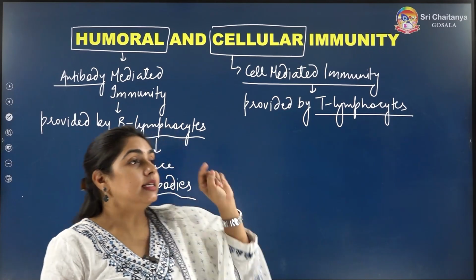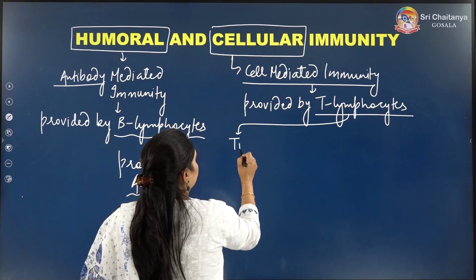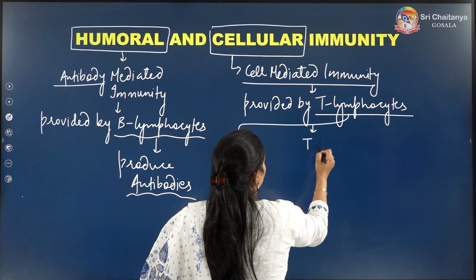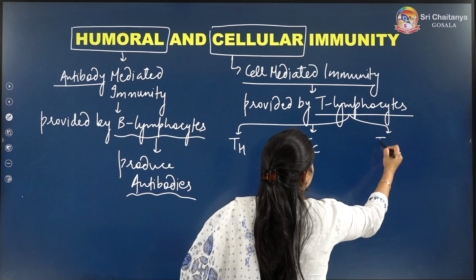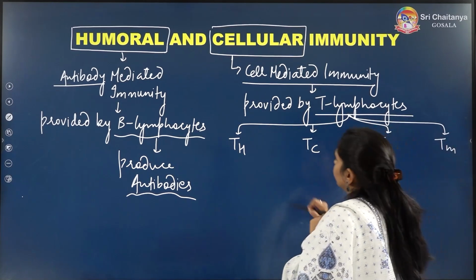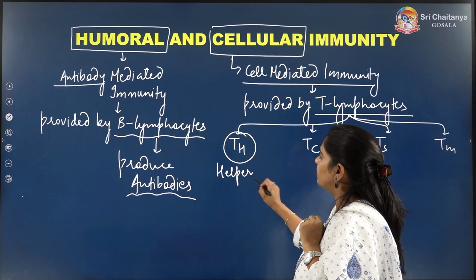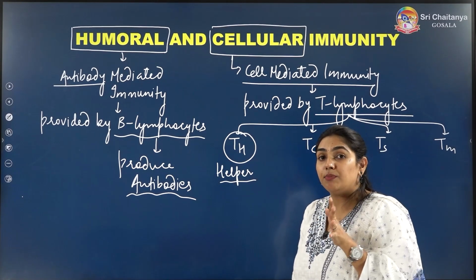Okay, so T lymphocytes are of four types: T helper cells, cytotoxic T cells, suppressor T cells, and memory T cells. These are helper T cells. H stands for helper T cells.